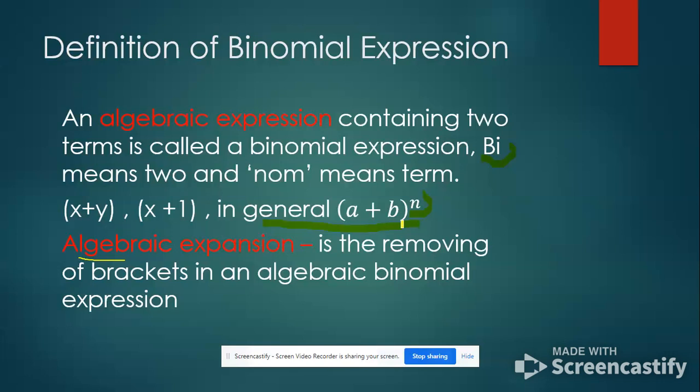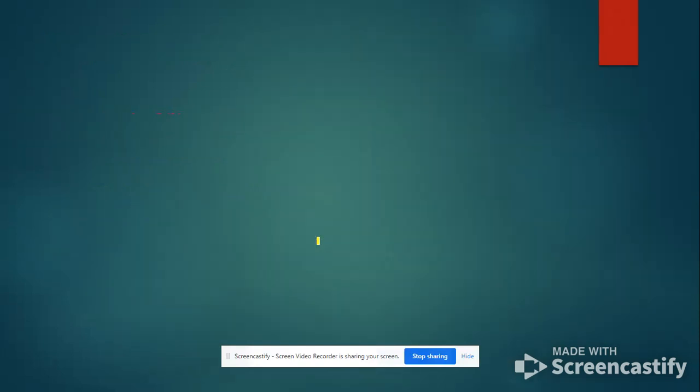Yes, Cosmas, can you read? Very good. You can put off your microphone. When we remove these brackets, we then say we have expanded our algebraic binomial expression.